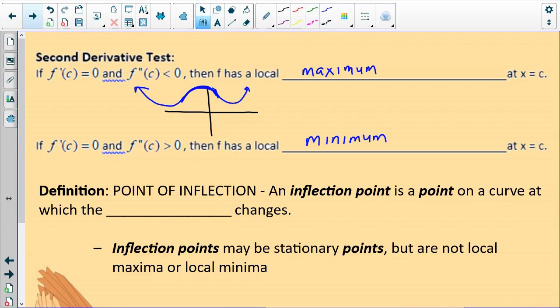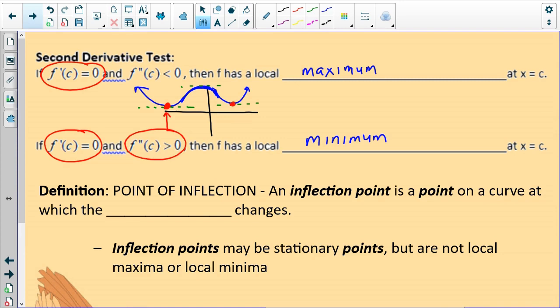I have 3 horizontal tangent lines that I can see. So I have the derivative equal to 0 3 times. If I look at this spot, notice that the function in this case is concave up. That appears to be a local minimum.